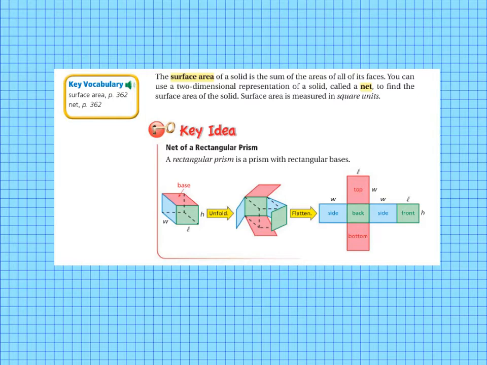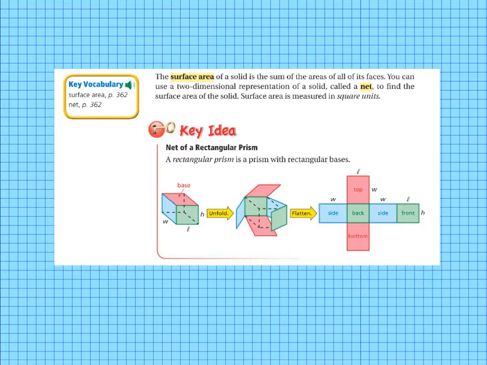So our key idea says net of a rectangular prism. What we talked about just a second ago is that the net is a two-dimensional representation of a three-dimensional figure. So it's as if you have a box and you're flattening it out. A net of a rectangular prism is a prism with rectangular bases.